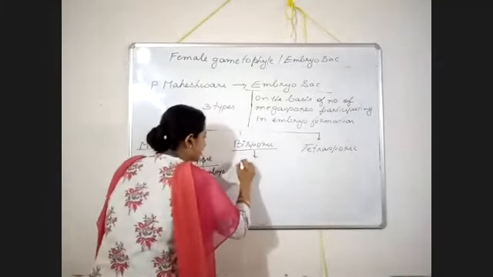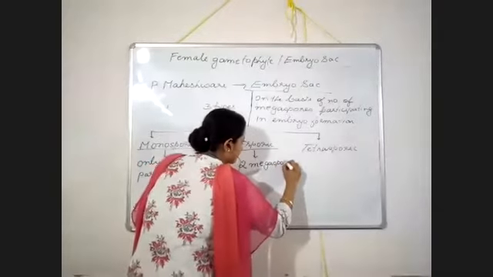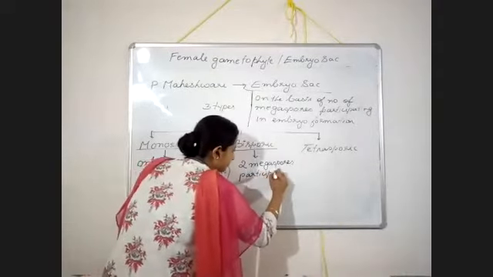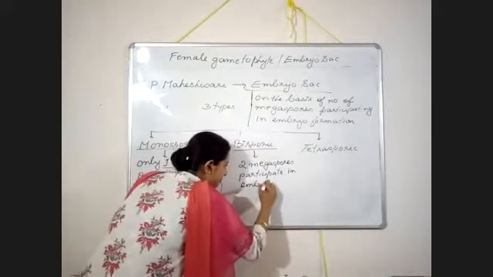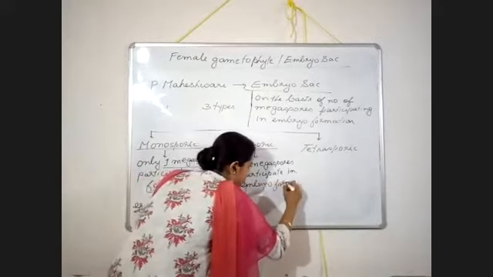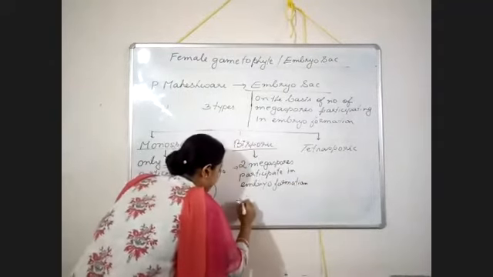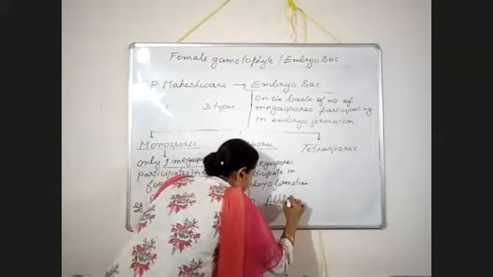As the name suggests, two megaspores participate in embryo sac formation. This is seen in certain plants like Allium.